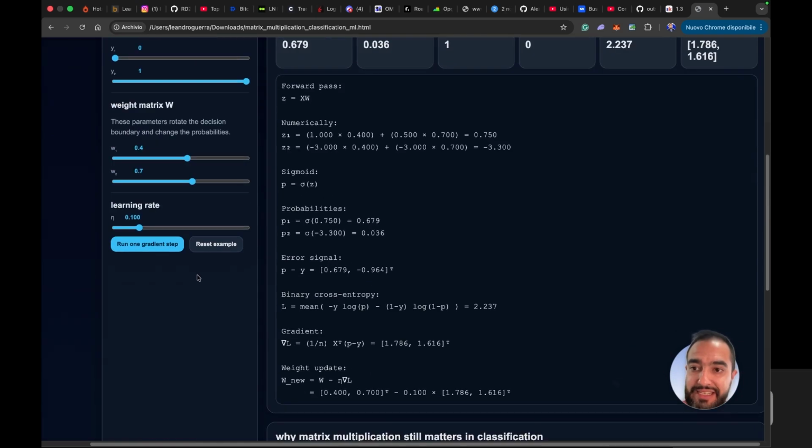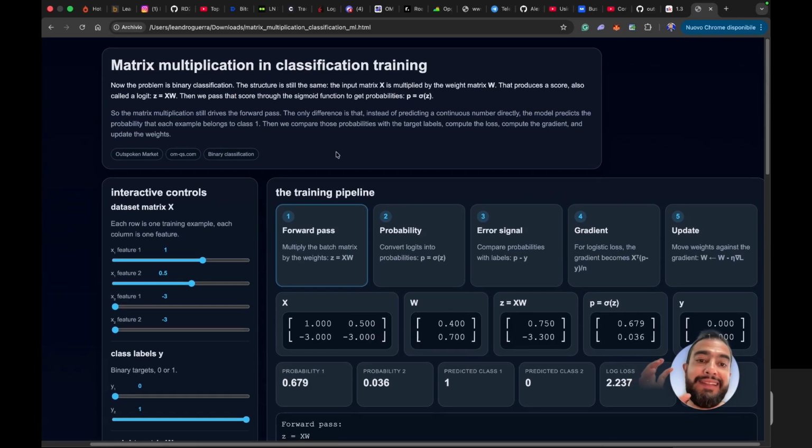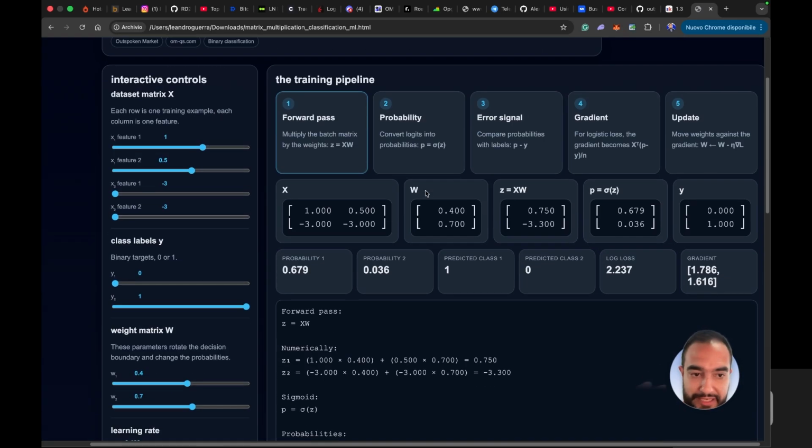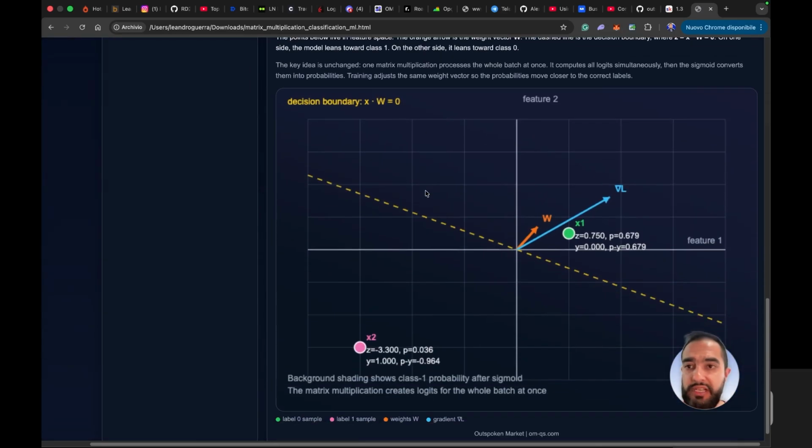This updating of the weight values is exactly the learning that we have in AI and machine learning, right? It's beautiful.